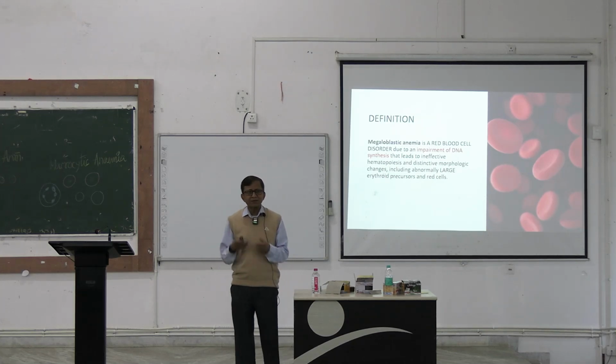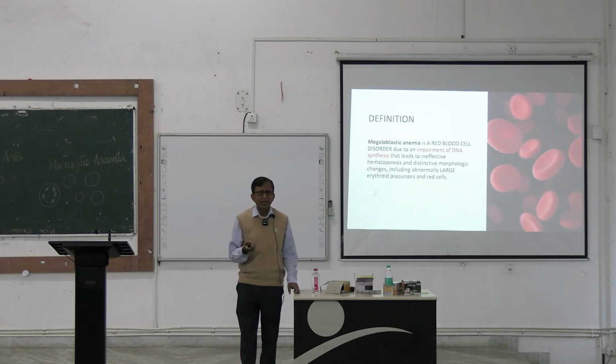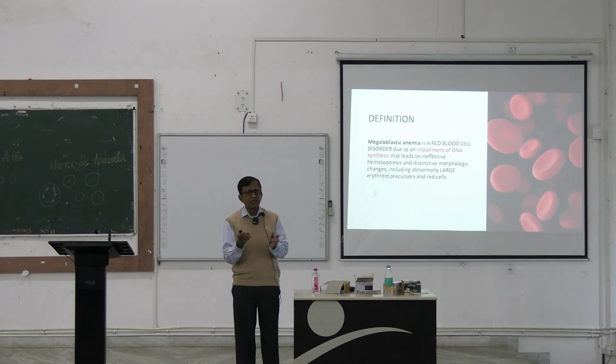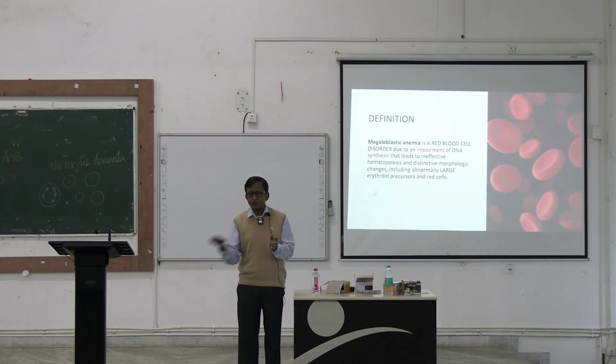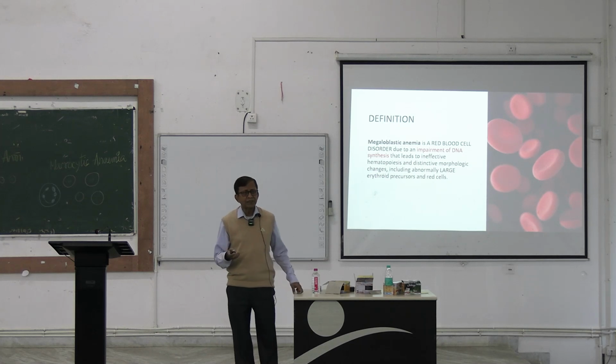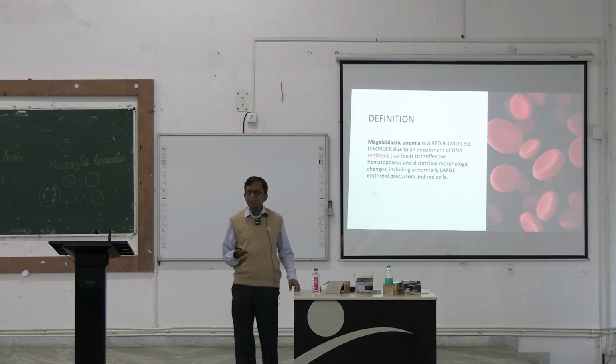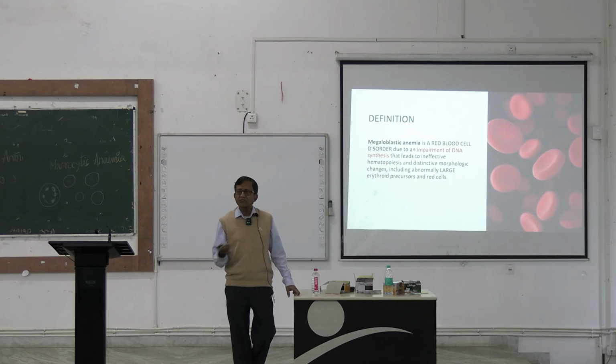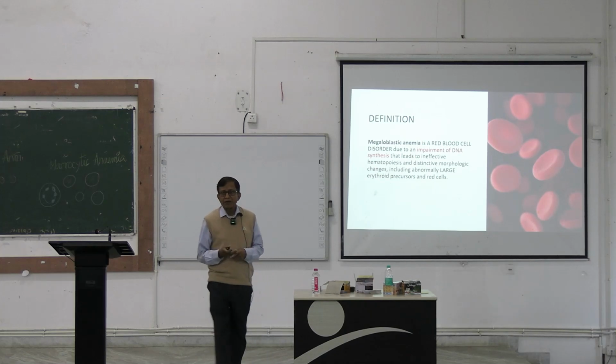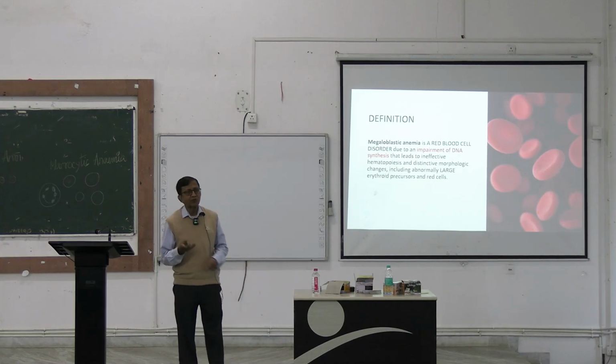So in the cell, it's a precarious, very abnormal condition. The nucleus is immature and cannot go further, it cannot divide. The cytoplasm is mature because the cytoplasm has RNA. It is ready to divide, but the nucleus cannot. The cell ultimately becomes very, very large. This is the basis of macrocytic anemia, that is nutritional anemia.